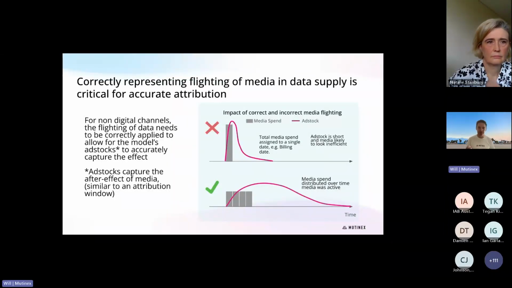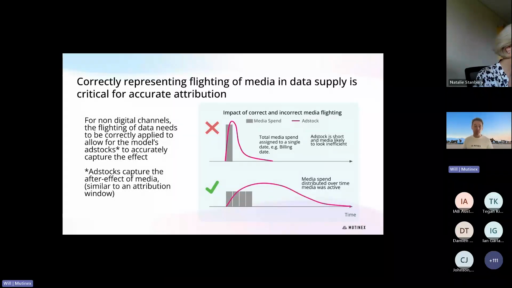And capturing the flighting is so critical to a model. I just wanted to play a little example here. Let's say, and this is an instance that we can see quite often for out of home, we just see one spike of spend put in for out of home on one particular week. The model's ad stock on that isn't going to be accurate. It's going to show a much shorter ad stock, and it will probably show a very inefficient performance for that media.